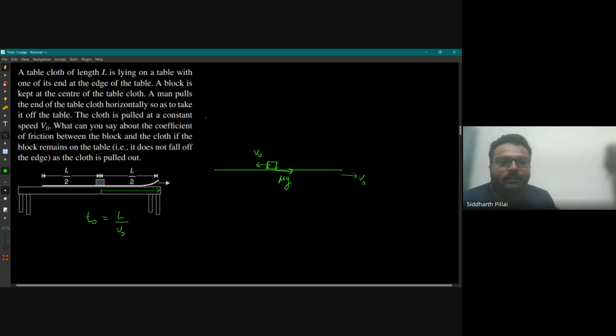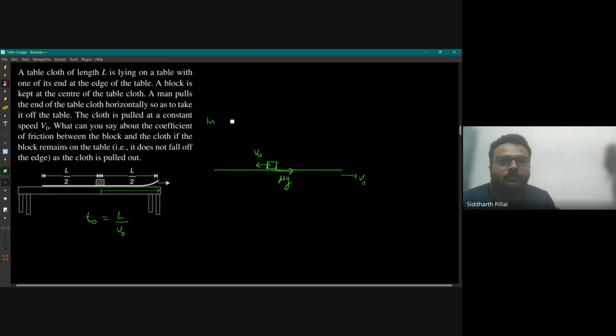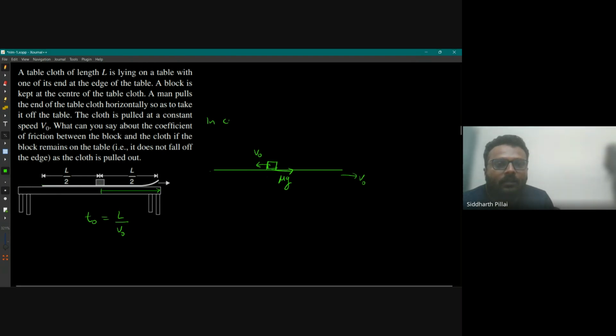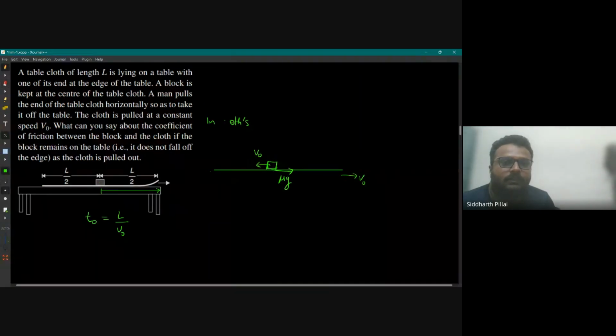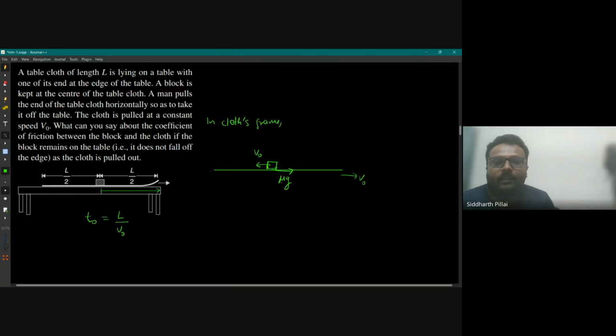So in the cloth's frame, the block should not travel more than L by 2.